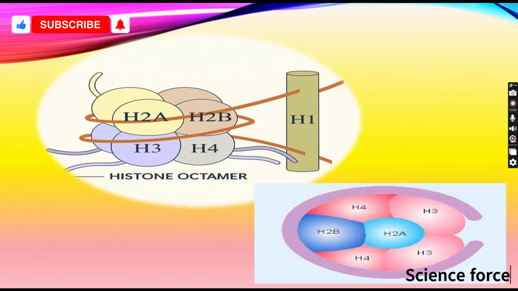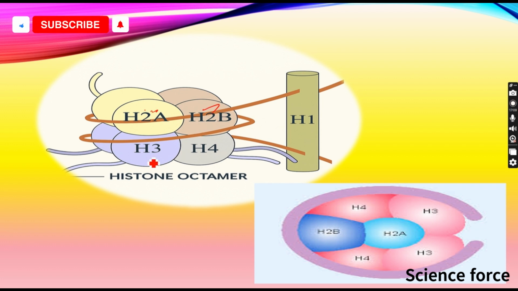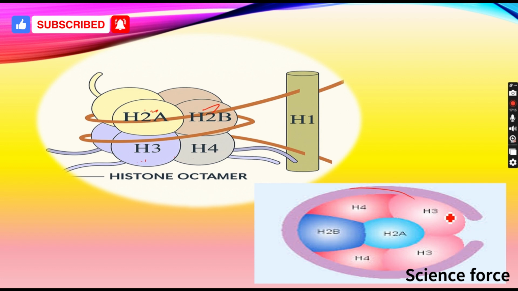So here we can see the structure, where H2A and H2B must be at the top, and H3 and H4 must be at the central. It is the overall structure from the top view. H2A and H2B are at the top.